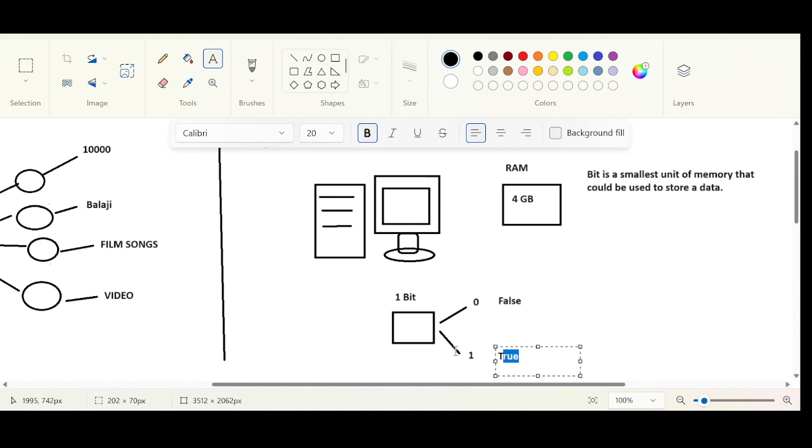Instead of using true, you will use 1. Or false can be represented as no, and true can also be represented as yes. These are the possible values. False can also be represented as off, and true as on.